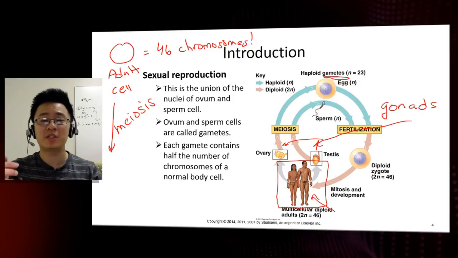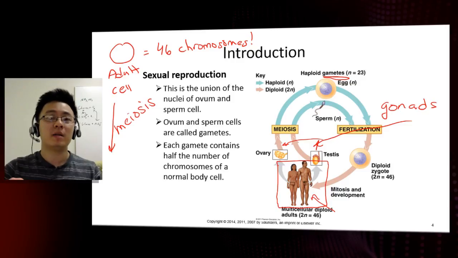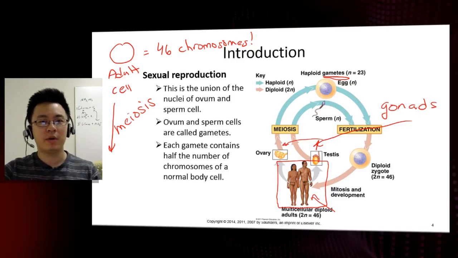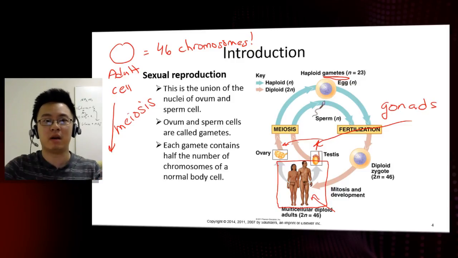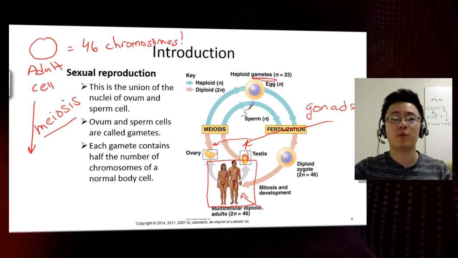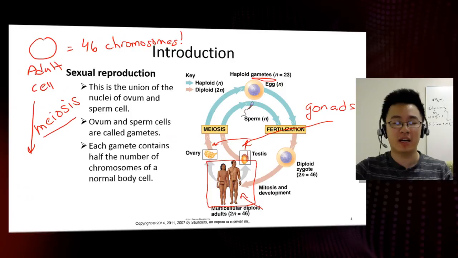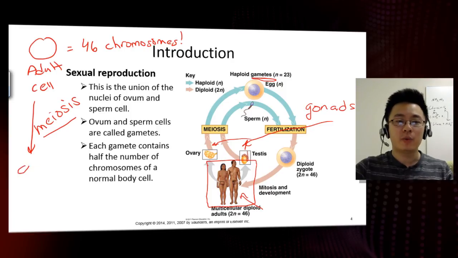Technically, there are specific stem cells that allow the body to create these gametes, but I'm just going to keep it very simple and basic, and just call it an adult cell. They undergo this special process known as meiosis, where they create one of two different kinds of cells. In men, they create the sperm cell, and in women, they create an egg cell.